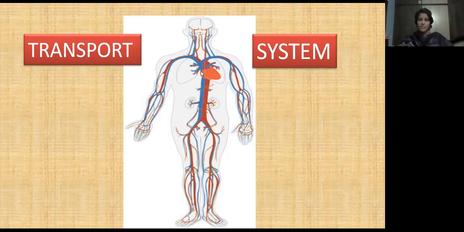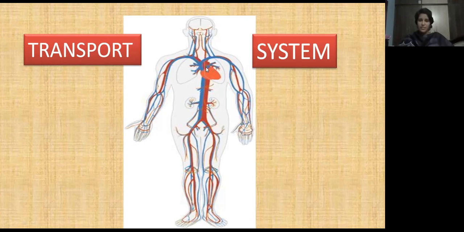Why is the heart pumping? Because it is the organ responsible for transporting nutrients, oxygen and essential substances to each and every cell, and receiving the unwanted substances formed due to metabolic activities in each cell, which are collected by the circulatory system.